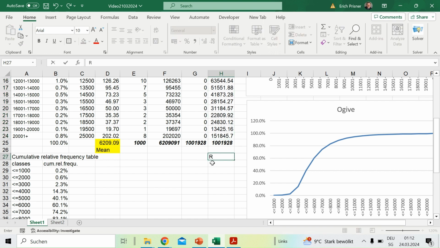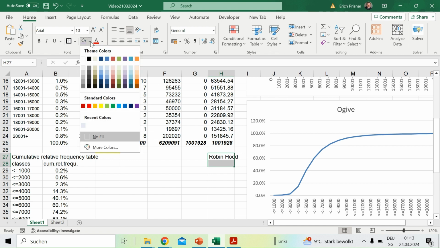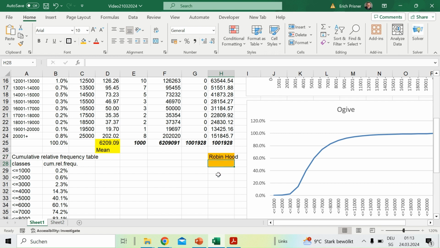So I say Robin Hood. And maybe I don't write index because it's just too long. So I just write Robin Hood, but I mean Robin Hood index. And I color these two, again highlighting it maybe in orange or whatever. What is a Robin Hood index? It's a ratio: the relative frequency, or the percentage of the total amount of money which is moved.